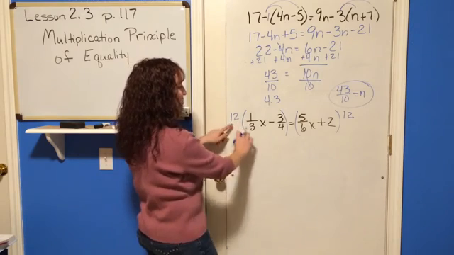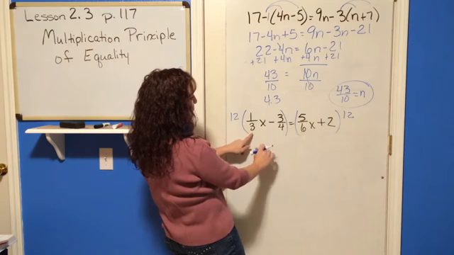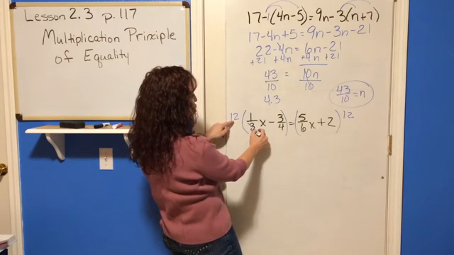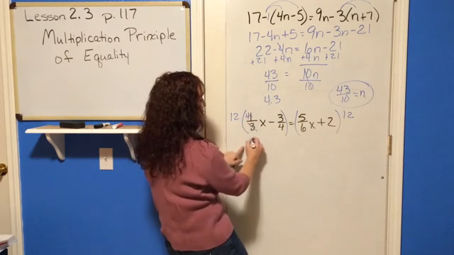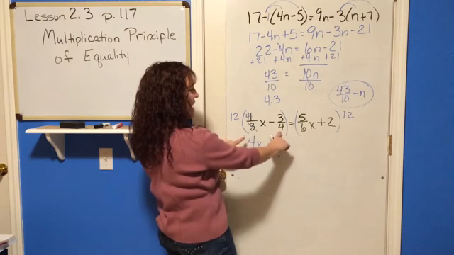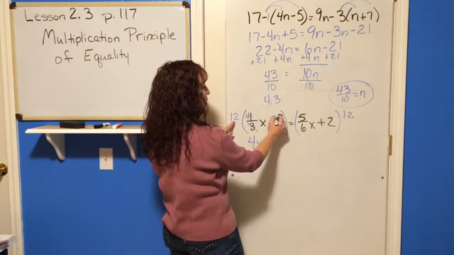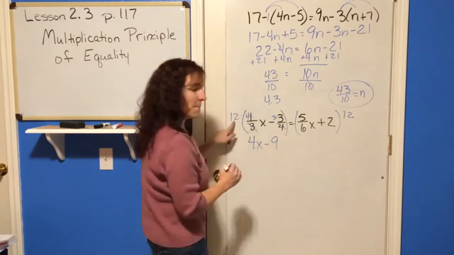Because I'm multiplying by a multiple of these denominators, this 3 will reduce, and the 12 will reduce to a 4. So now I have 4x. And here the 4 will reduce, and the numerator will reduce to a 3. So now I have 3 times 3 is 9.